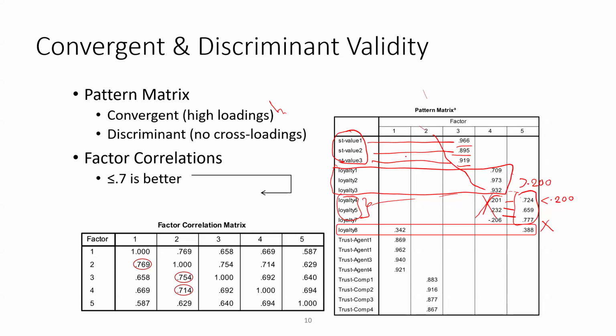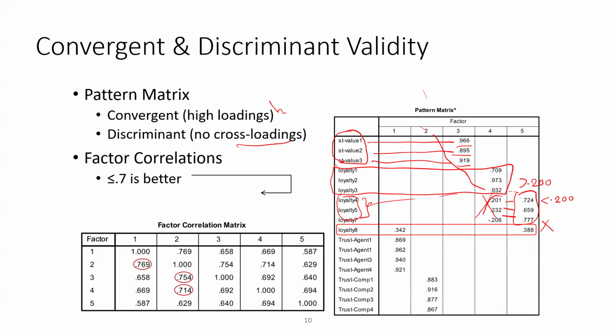Others are fine. Convergent validity is established if the loading is greater than 0.5 and the items loaded onto the same factor. Now there is something called discriminant validity. What is discriminant validity? There must not be any high-value cross loadings.